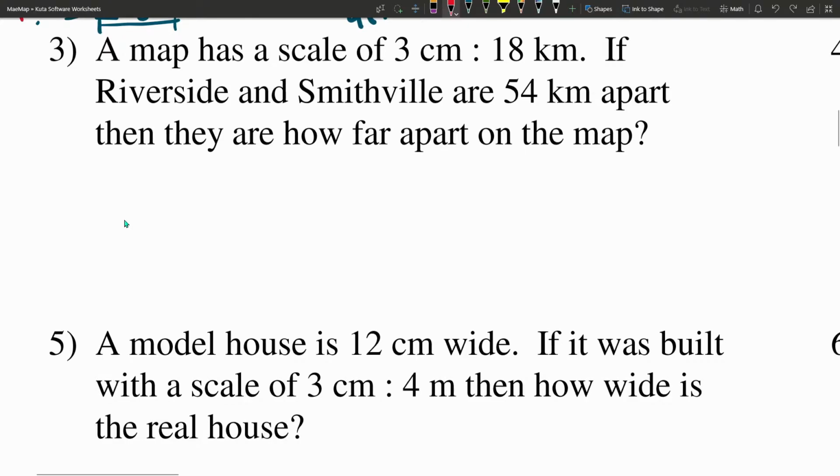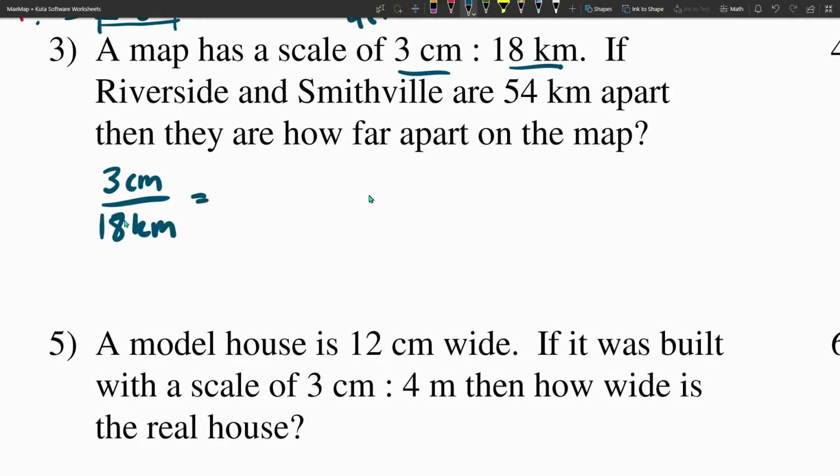For number 3, it says that a map has a scale of 3 centimeters to 18 kilometers. So we're doing a little bit of mixed measurements here, but let's just keep them in order. If Riverside and Smithville are 54 kilometers apart, then how far apart are they on the map itself? So if our scale is 3 to 18, and that's 3 centimeters to 18 kilometers, I'll write 3 centimeters over 18 kilometers.